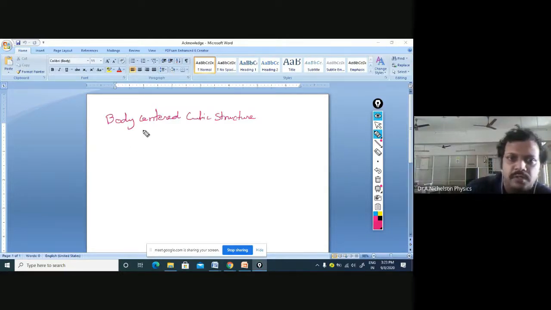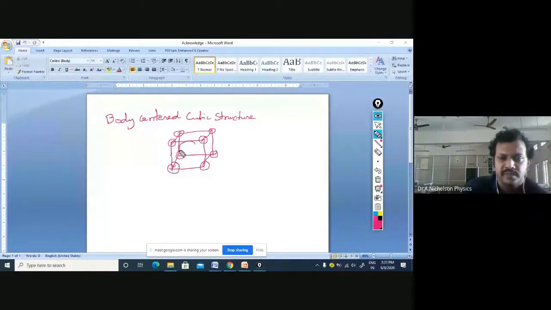Now how does the body-centered cubic structure appear? Like this: 1, 2, 3, 4, 5, 6, 7, 8. So 8 corner atoms. In addition to these 8 corner atoms, one more atom is at the center. That is the body-centered cubic structure.